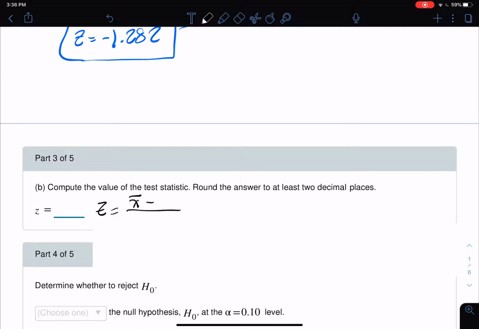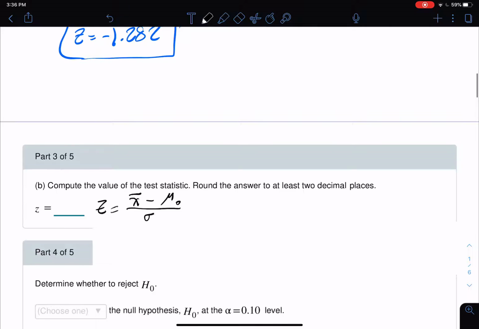sample mean minus the mean from my null, so I put a little sub-zero there for my null statement. And then down below it is sigma divided by the square root of the sample size. So now when I put in the information, my sample mean is 19.2.